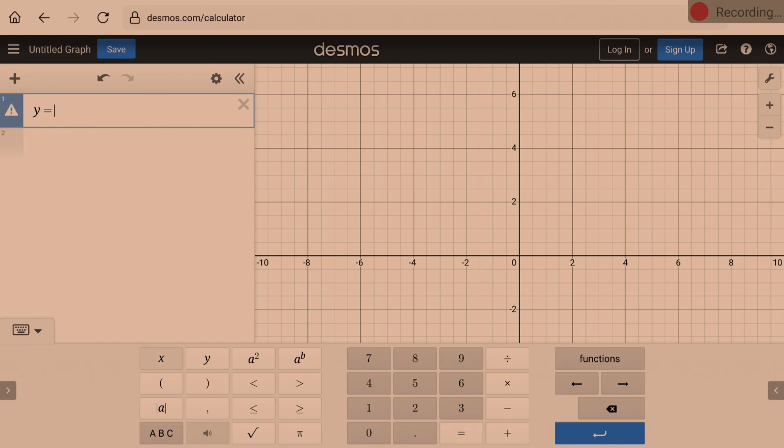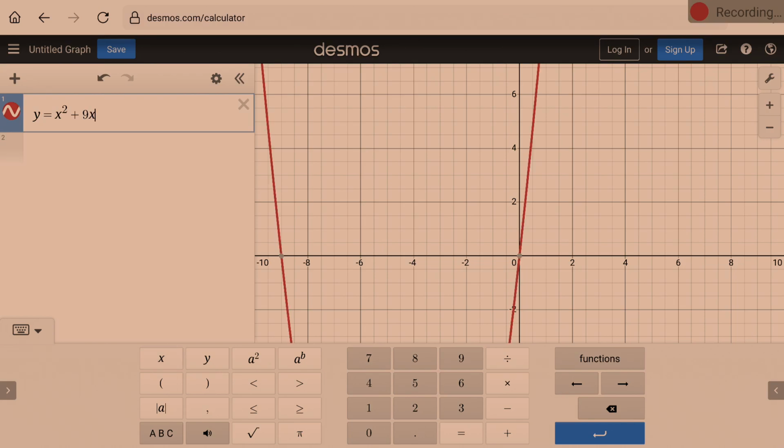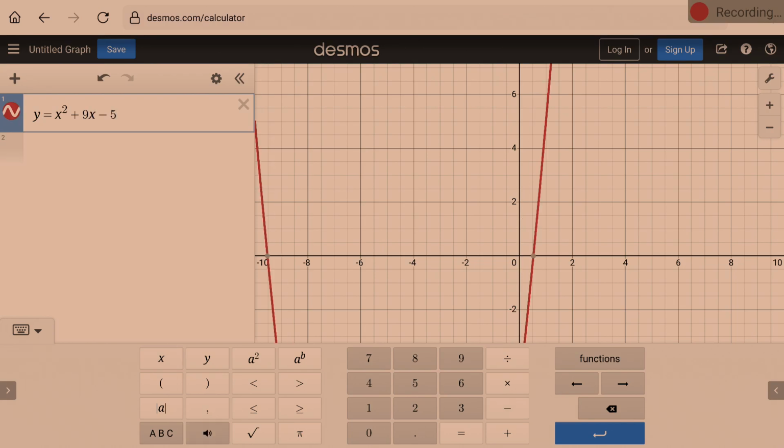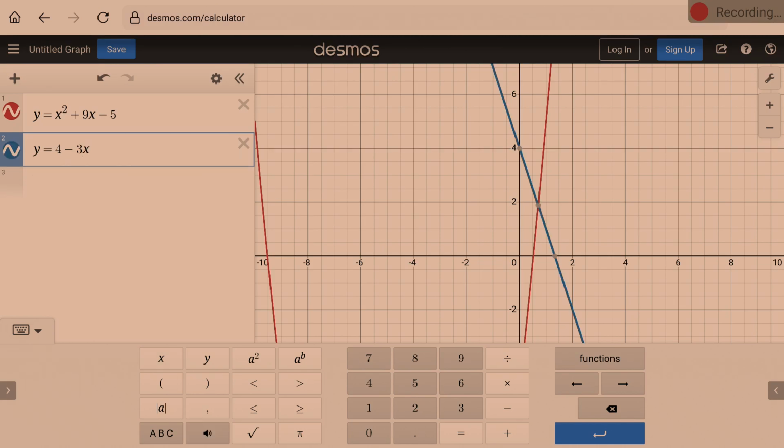X squared, remember x, then that a squared thing does it for you. Plus 9x minus 5. Okay, I can enter down to the next one. I'm doing y equals 4 minus 3x.